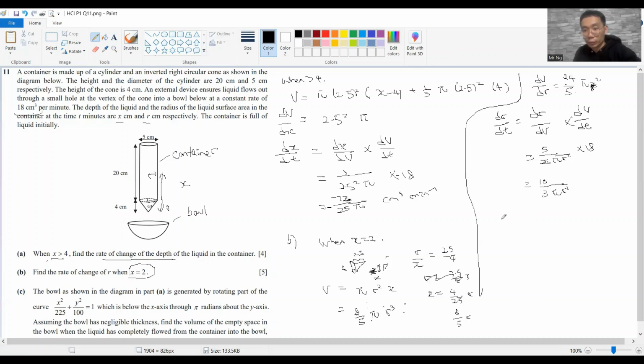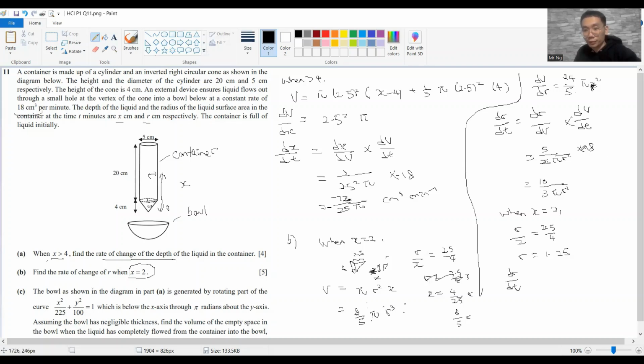Okay, so when x equals to, r will be equal to 1.25, I think. Yeah. So we sub this one in, so dr/dt.